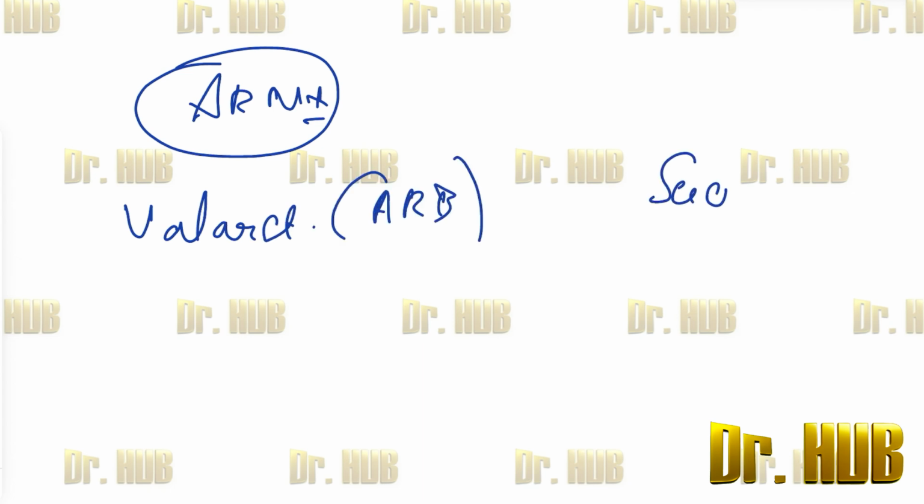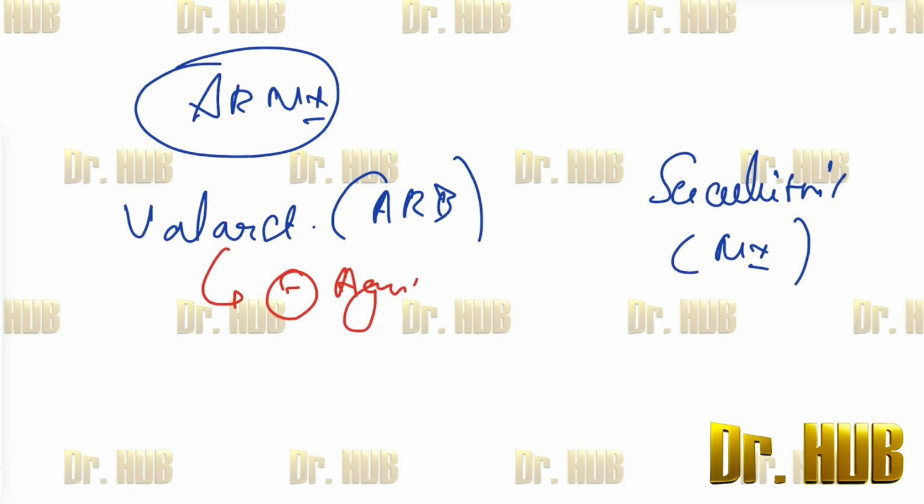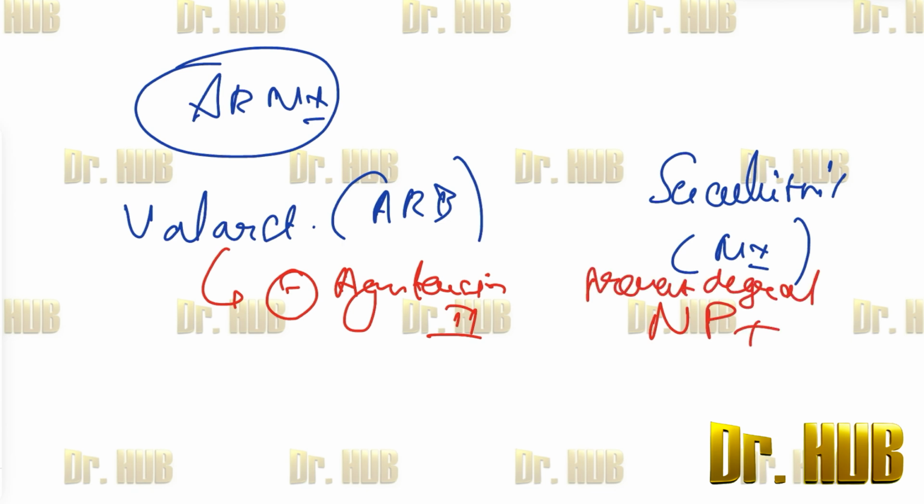Next we have sacubitril, which is the neprilysin inhibitor. Valsartan inhibits angiotensin 2. Sacubitril prevents the degradation of the natriuretic peptide along with angiotensin 2.